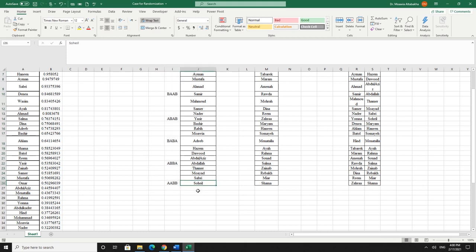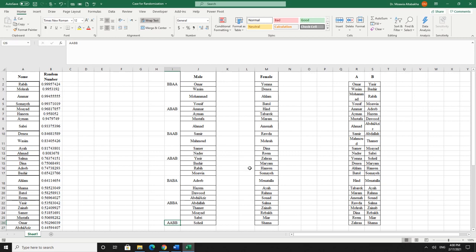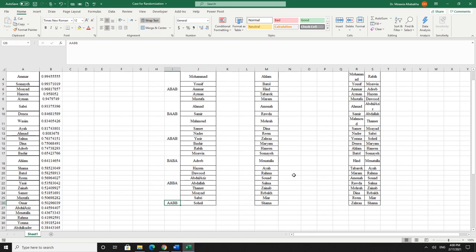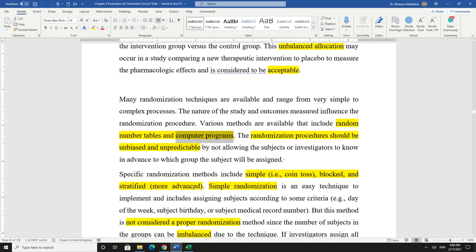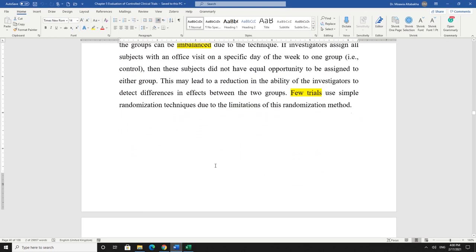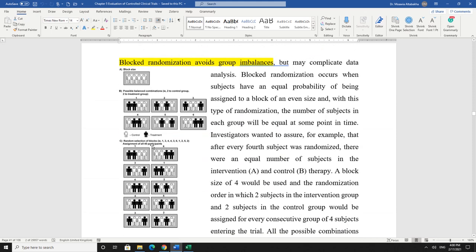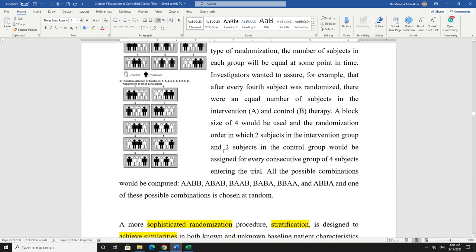Someone might tell me, if we go here to Suhail, what about Suhail? Suhail will go to group A according to this one. It means we will have more male by one, and it should not have a big effect on the results. Suhail will go to group A. Okay, so we'll do a similar thing for group B. This is just to explain to you what we mean by block design and stratification.